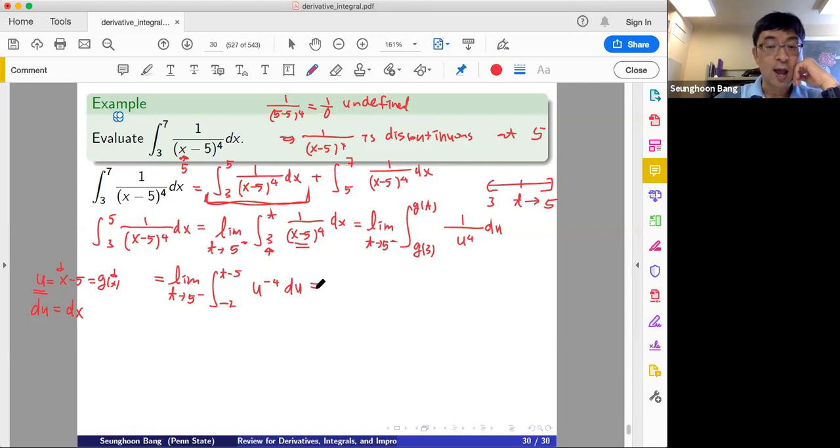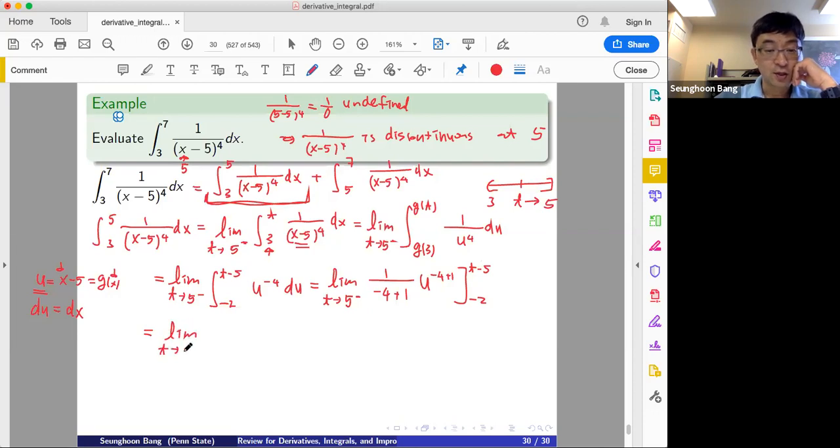You can find the antiderivative. The limit as t approaches 5 from the left. u to the minus 4 uses the power rule: 1 over negative 4 plus 1, u to the negative 4 plus 1, from negative 2 to t minus 5. So this is the same limit.